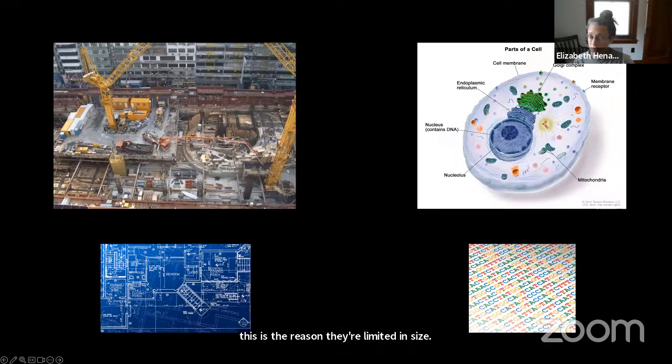So we've talked a little bit about DNA and how DNA sequencing is an insight into an organism's identity. An analogy that's helpful to understand that is that the relationship between DNA and a cell structure is analogous to the relationship between a blueprint and a construction site.